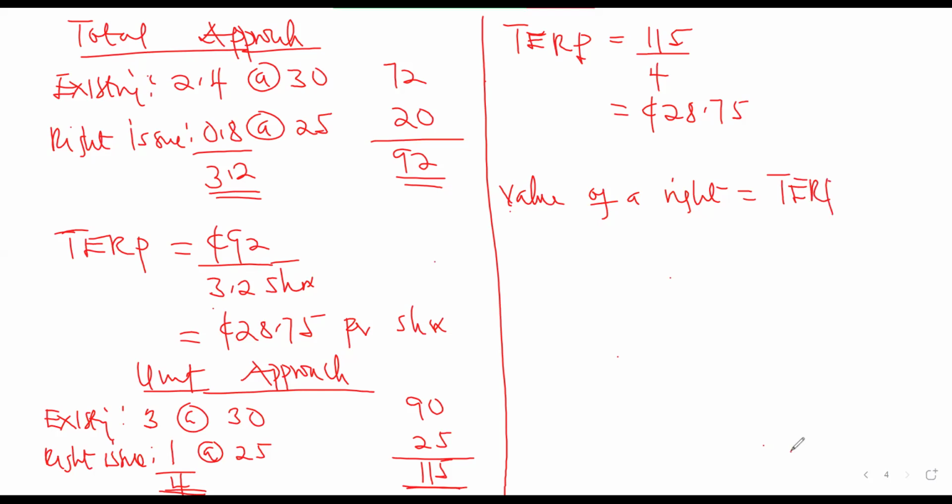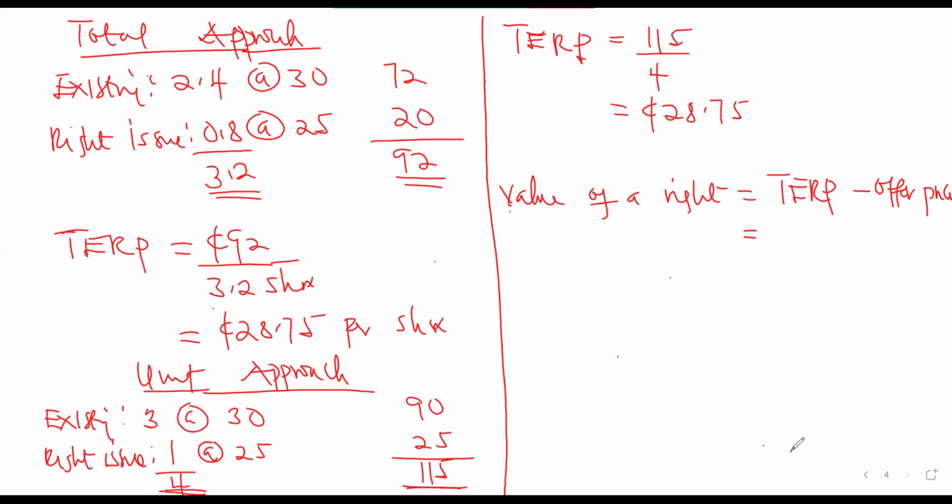So you are buying a right, exercising the right, and the purchase price of the shares that you are buying by exercising your right is 25. But now your right is valued at 28.75.